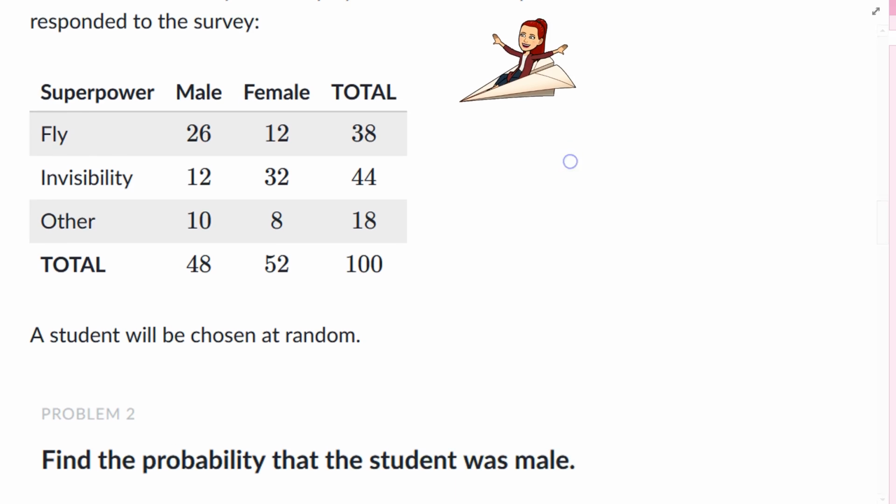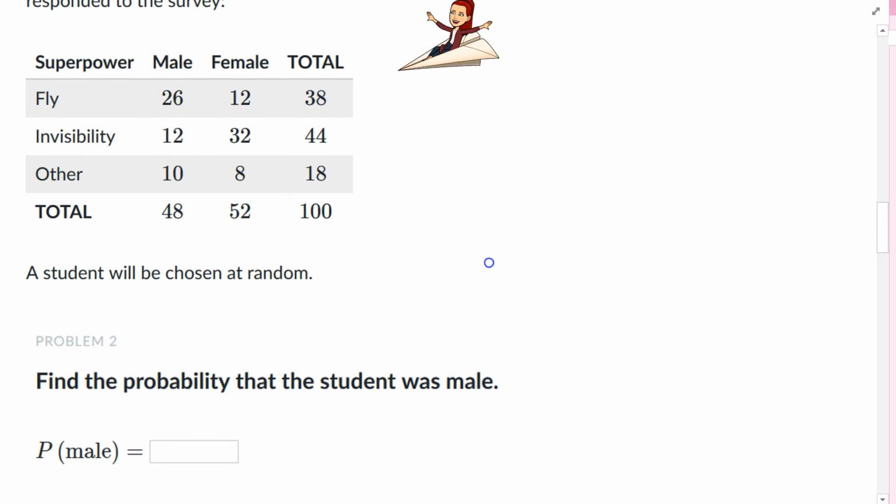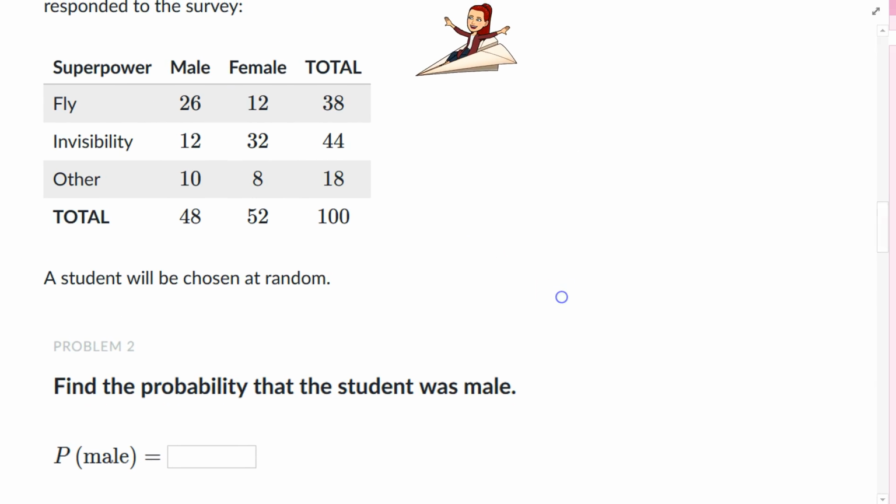Building up here, we're going to look at the probability that they were male. So I'll give you guys a few minutes to think about this and then input your answer. And the correct answer there would be the total number of males divided by the total number of people surveyed. So 48 over 100 would be 0.48 or 48%.